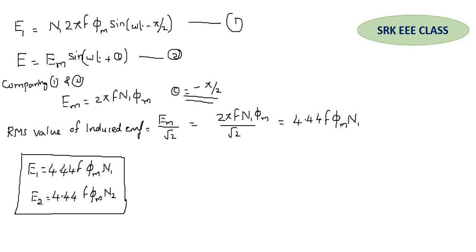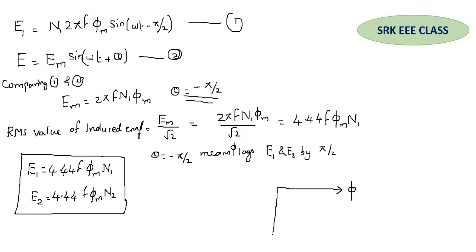Clear? Now again, the value of theta is minus pi by 2, which means the induced EMF lags the flux. Our flux phi lags... rather, E1 and E2 lag the flux by an angle of 90 degrees, pi by 2. If I take the reference as the flux phi, both E1 and E2 lag by 90 degrees.